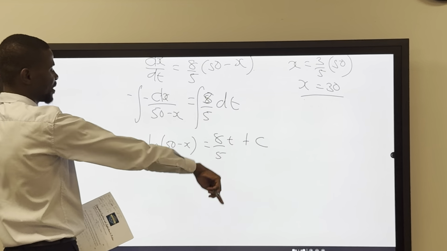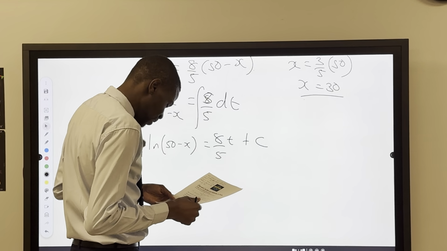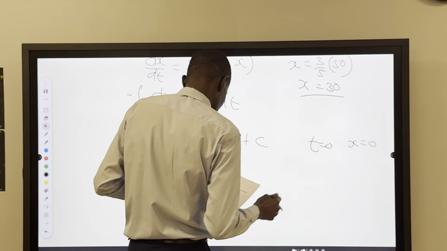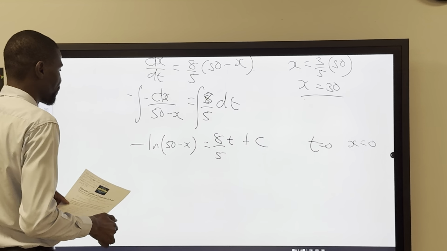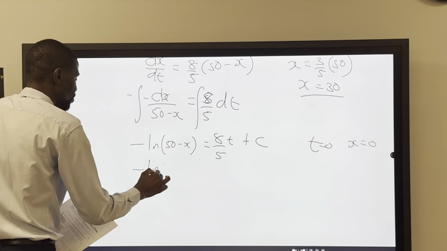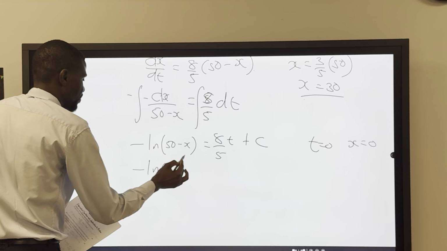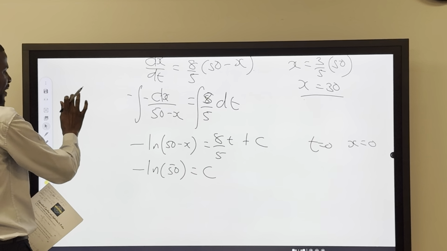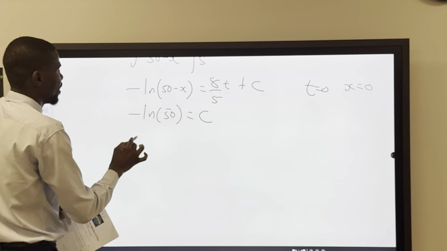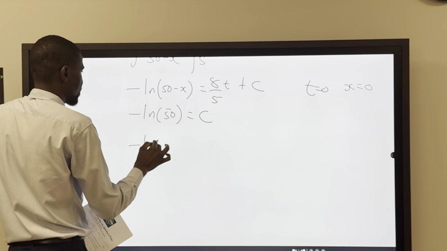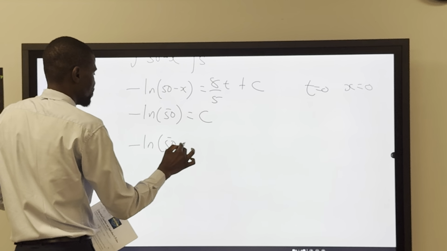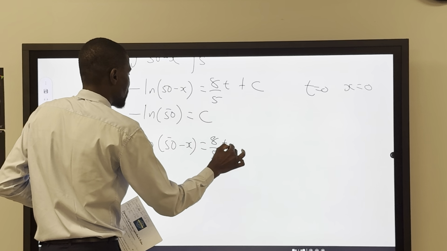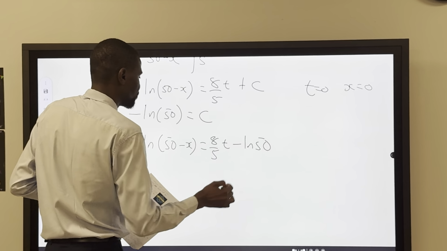To find c, remember our initial conditions: when t is 0, x was 0. So negative natural log of 50 equals c. Our particular solution is negative ln(50 - x) = 8/5 t minus ln 50.